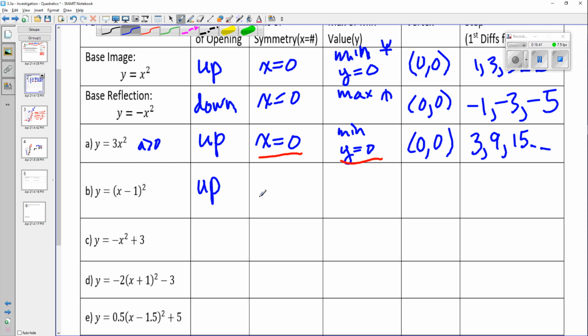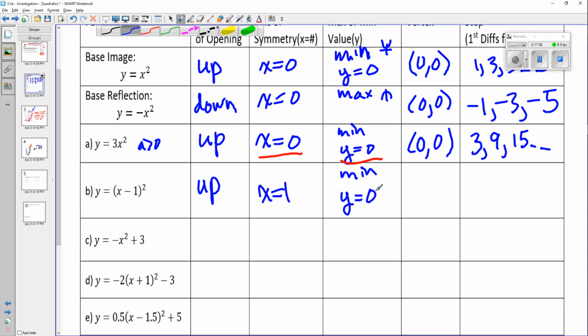Let's take a look. I'm going to write x equals 1 here. And the maximum or minimum value, we have to figure out, is it still opening up? So it's still a minimum. Now, does the y value change if all we've done is moved our graph to the right? No, it hasn't, and y is 0.